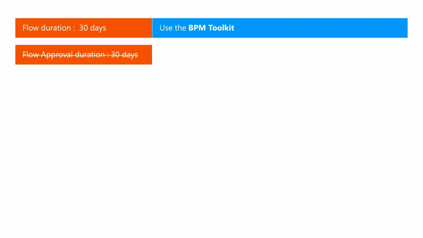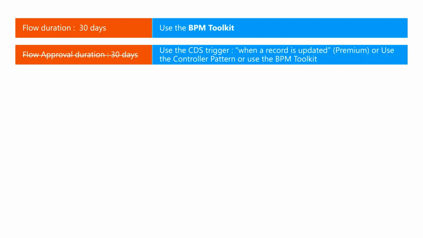Flow approval duration is practically 30 days. And you know that many business processes take more than 30 days to complete. Some people wait for more than 30 days to approve a task. So we need more than that. Very important as well is that in Power Automate, we don't have a state machine.